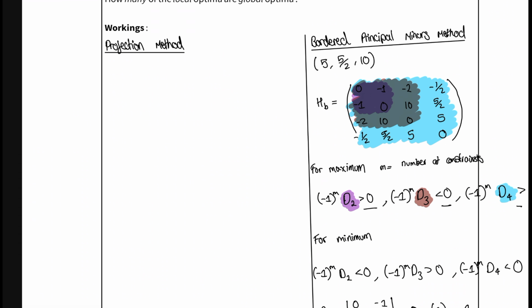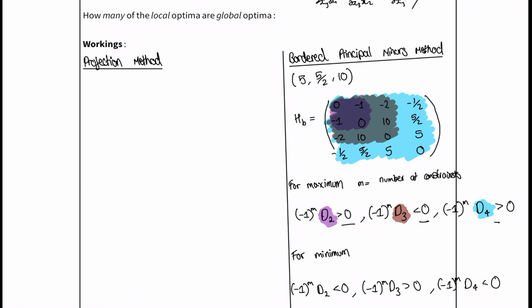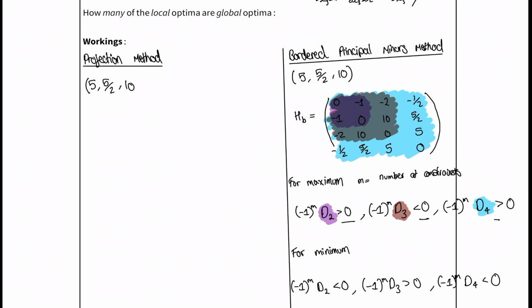If I now use the projection method for this same point, the projection method works by first working out the gradient of the constraint, which is just the first order derivatives of the constraint, which is 1, 2, 5.